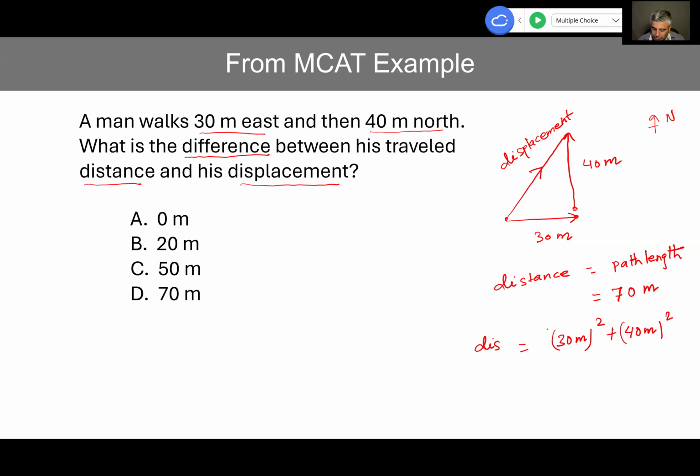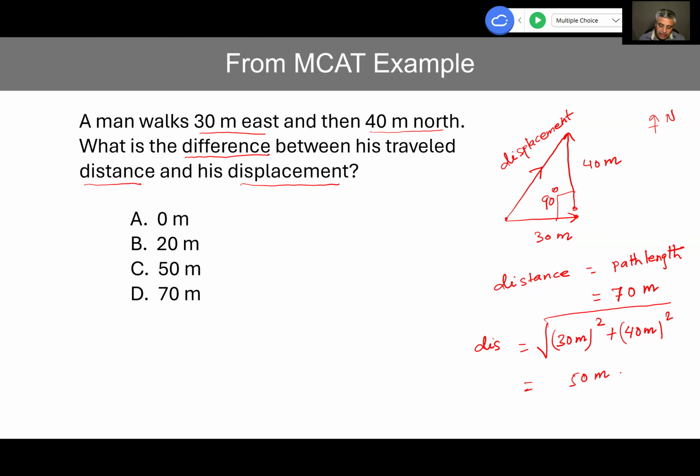I'm using the Pythagorean theorem here. When you go from east to north, you are turning exactly 90 degrees, so this is a right triangle. Because of that, you can use the Pythagorean theorem, and that gives us 50 meters.